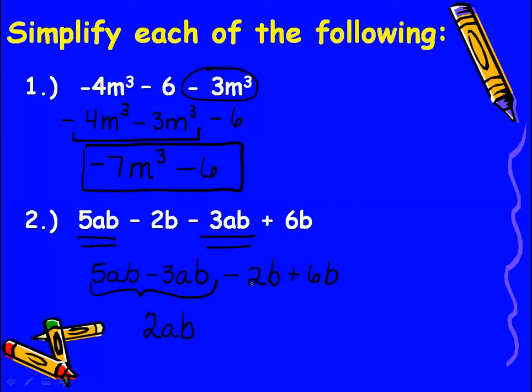Now remember, this is not 2 plus 6. We must read the sign with the number. So this is negative 2 plus 6. And negative 2 plus 6 is positive 4. Since it's a positive, I will write plus 4b. So the simplified answer is 2ab plus 4b. Again, I cannot combine these two terms because of the a in this one, and this one does not contain the a.